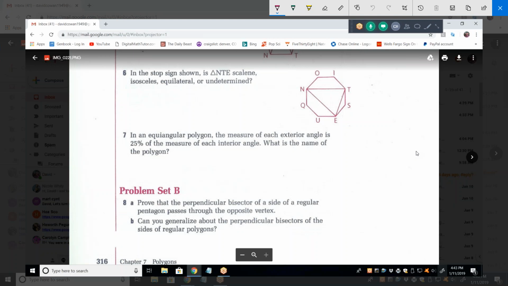We don't know if all the sides are equal. Actually, a stop sign is a regular polygon, so I don't know if we're supposed to know that or not. He could have said in the regular octagon shown. So let's change that because I think that's what he meant. In the regular octagon.